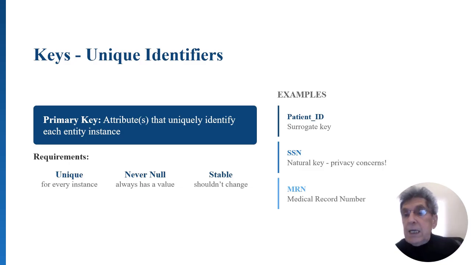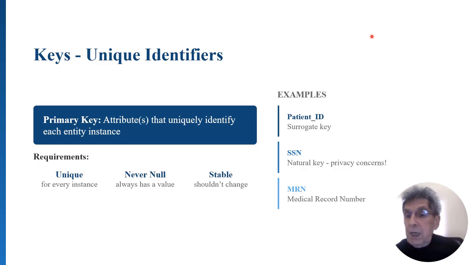Now let's talk about keys, one of the most important concepts in database design. A primary key is an attribute or combination of attributes that uniquely identifies each entity instance. Every row must have a different value for the primary key. Primary keys have three absolute requirements. First, uniqueness. No two instances can have the same primary key value.